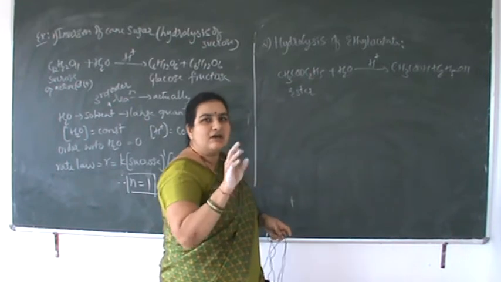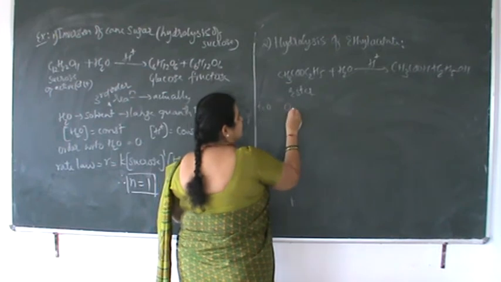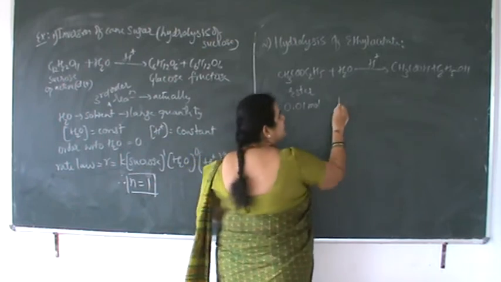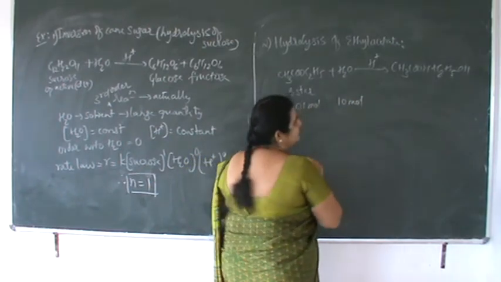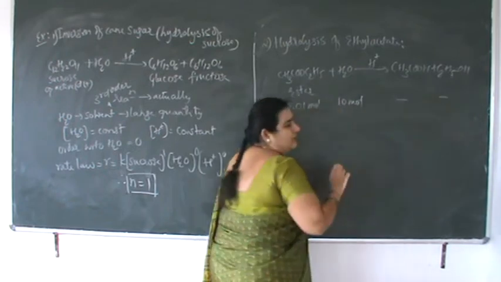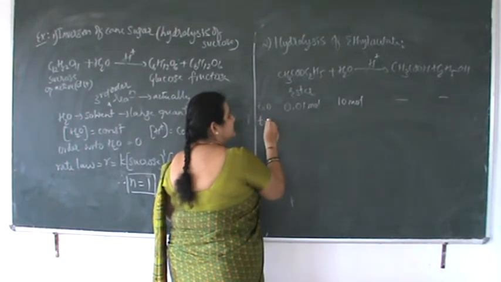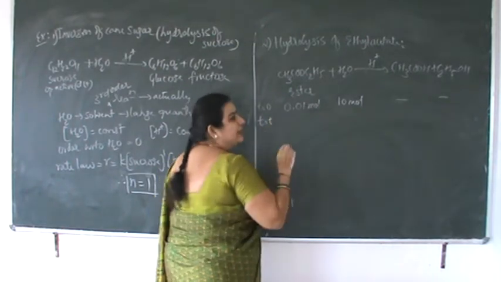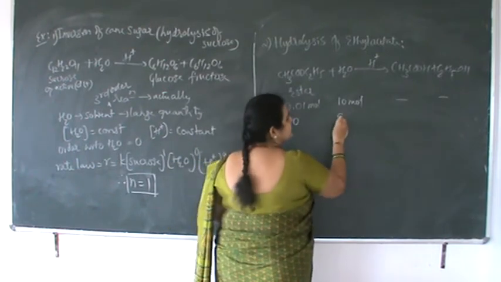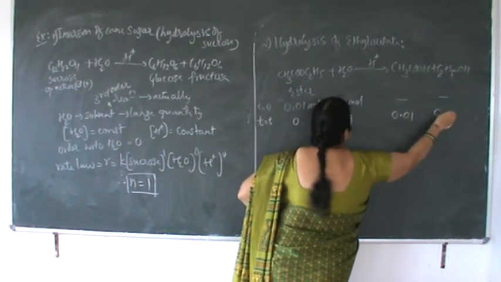If this is the reaction, let me give one small illustration with values. At time t equal to 0, let us say 0.01 moles of ester is taken. At that time we have used 10 moles of water, and the products will be 0. As time passes, after say 15 or 20 minutes, time t, the ester becomes 0, water is 9.9, and the products are 0.01 and 0.01.